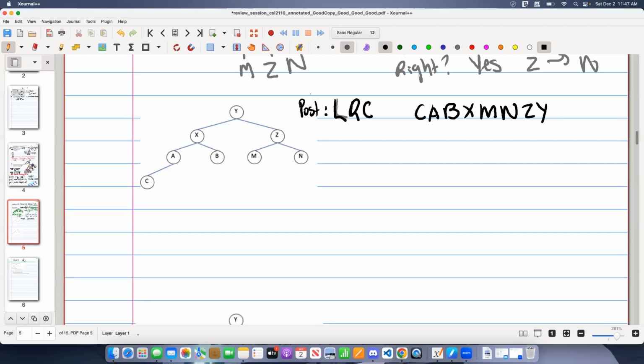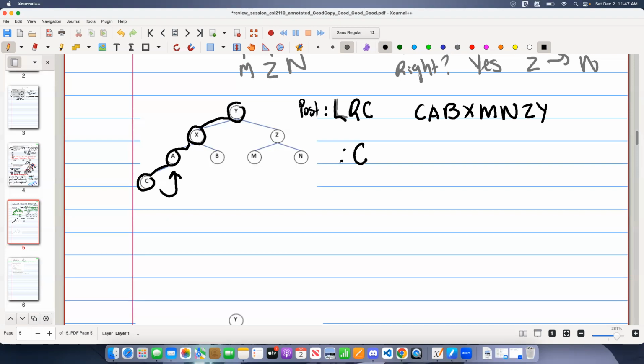Okay, so let's go: left, right, center. I think post-order is the one thing I have the most trouble on, but let's see if I can get it. We go to the left, we continue. Is there a left node? Yes, we continue. Left node? Yes, we continue. Is there a right node? No. We print out C. Now we go back up.